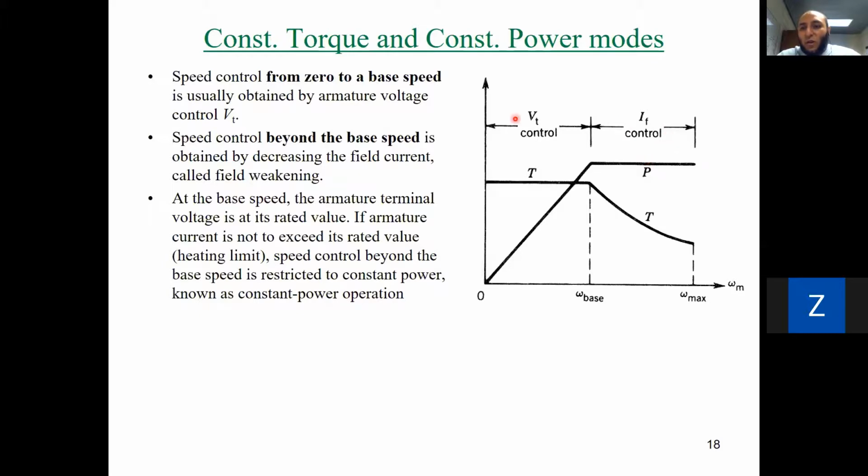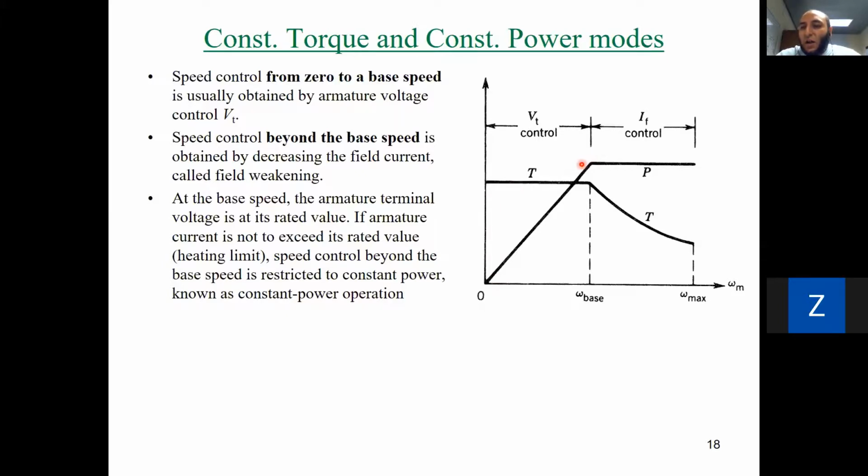If we use voltage control in the first part, we have to make constant torque operation by constant current operation. So at this part, we can increase the power of the machine because the speed is increasing from 0 to base speed, and the torque is constant, so the power will be increased in that way.